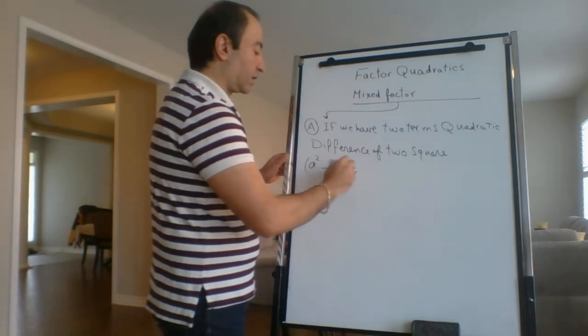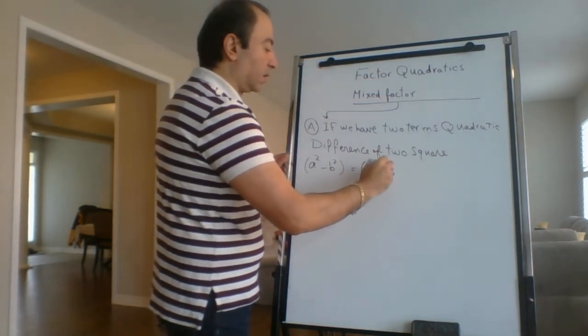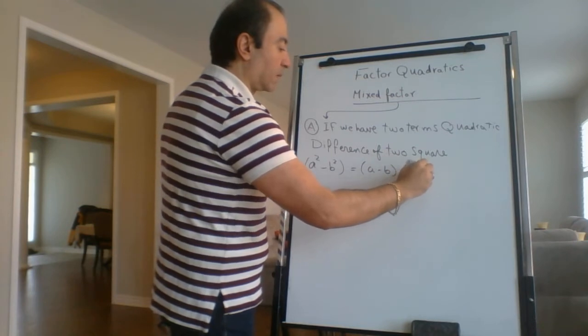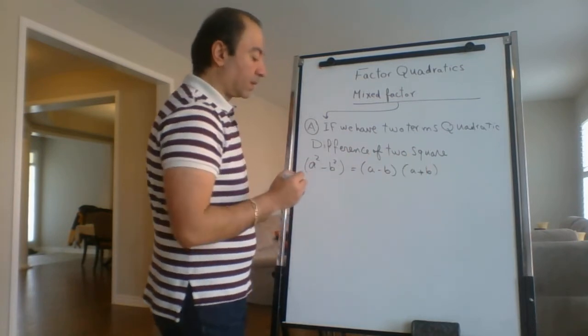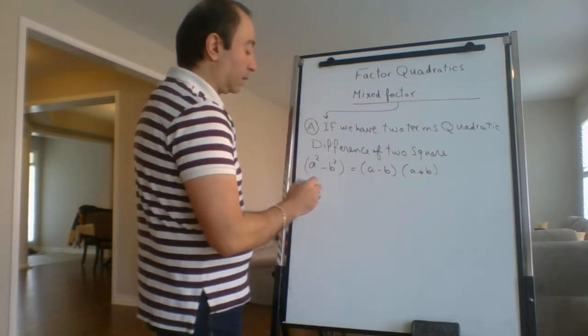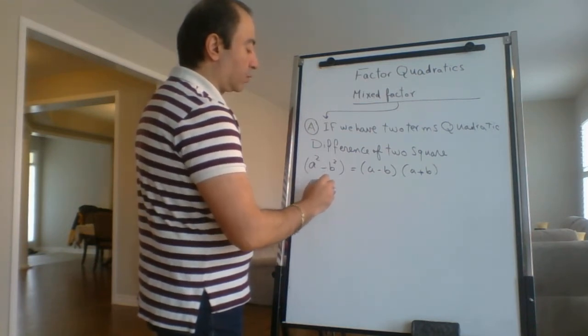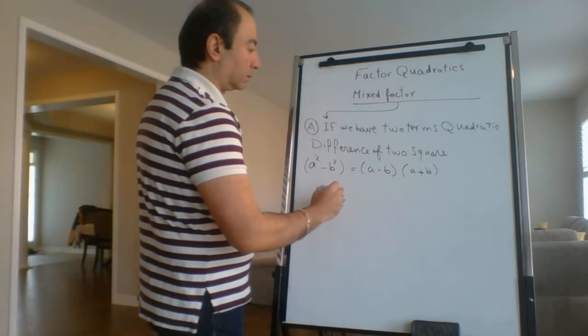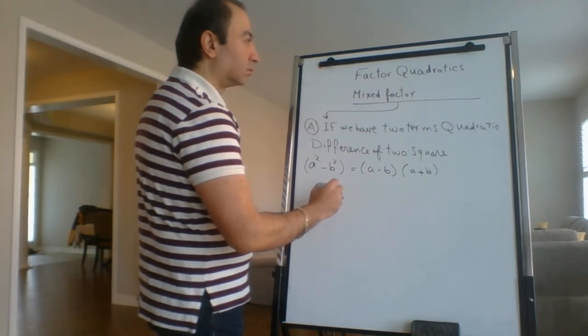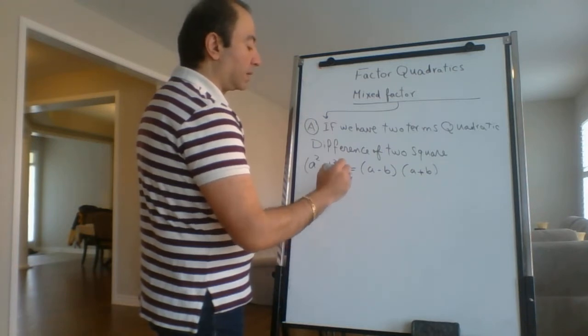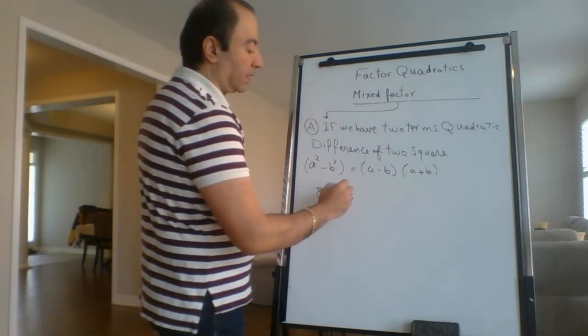So we factor this as a minus b, a plus b. So for example, let's say we have 8x squared minus 18.